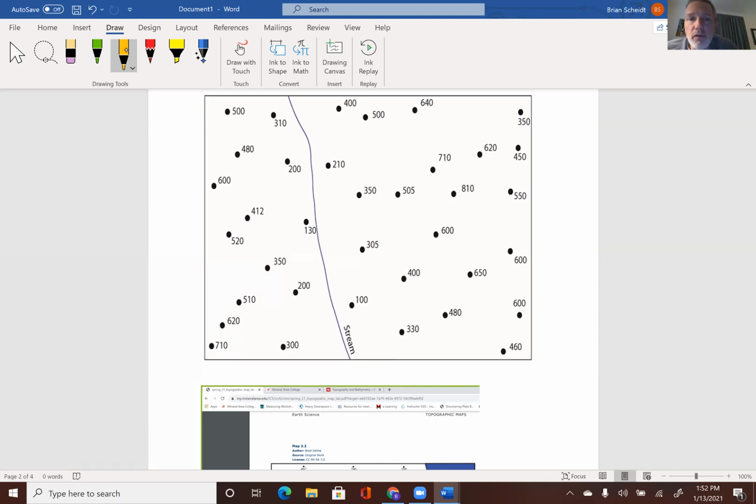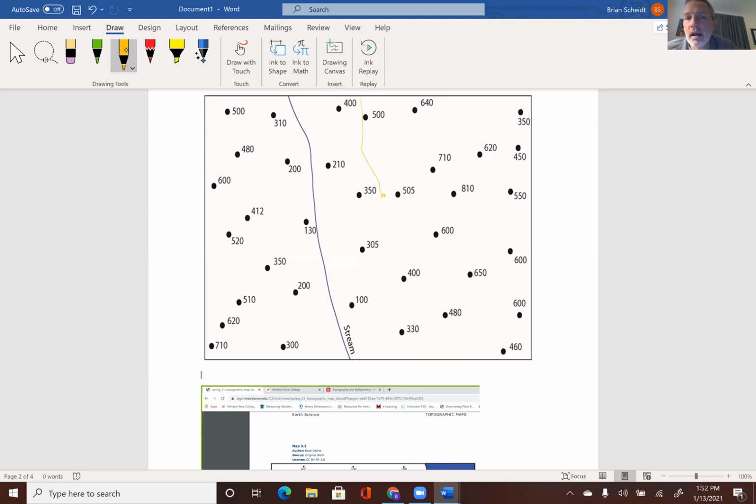In between 505 and 350, I have a dot here that's going to be 500, because if I was going from 350 to 505, I'm going to hit 500. Now your dot may be a little bit closer over here. Mine might be over here. I don't have enough data to tell me one is wrong and the other is right.